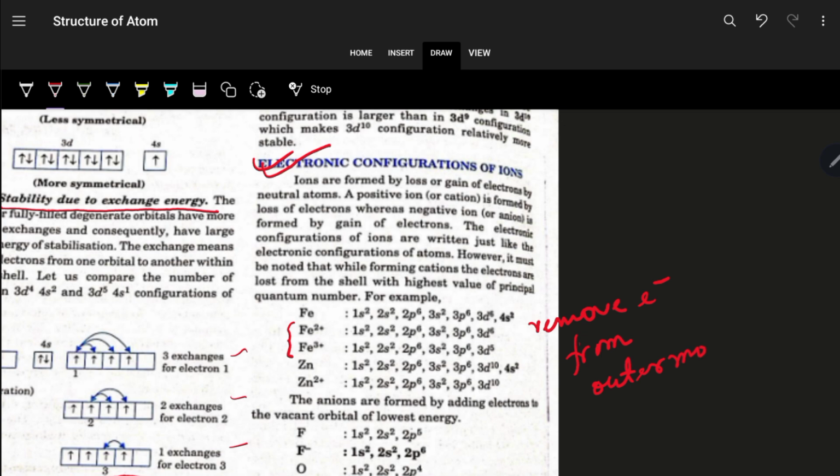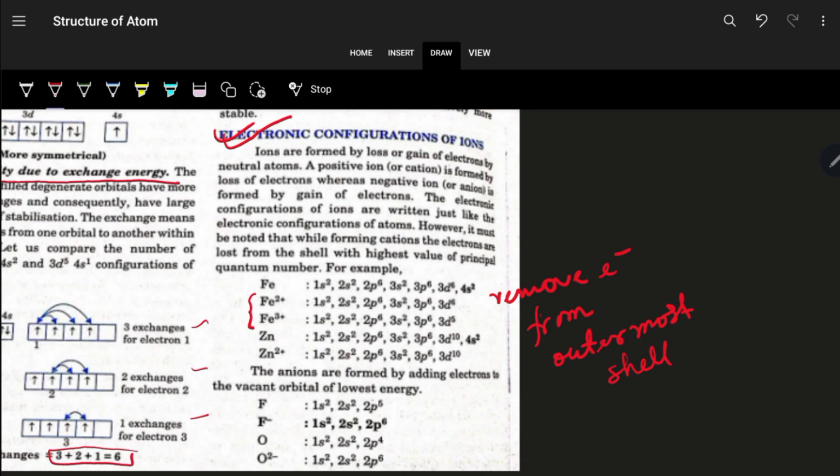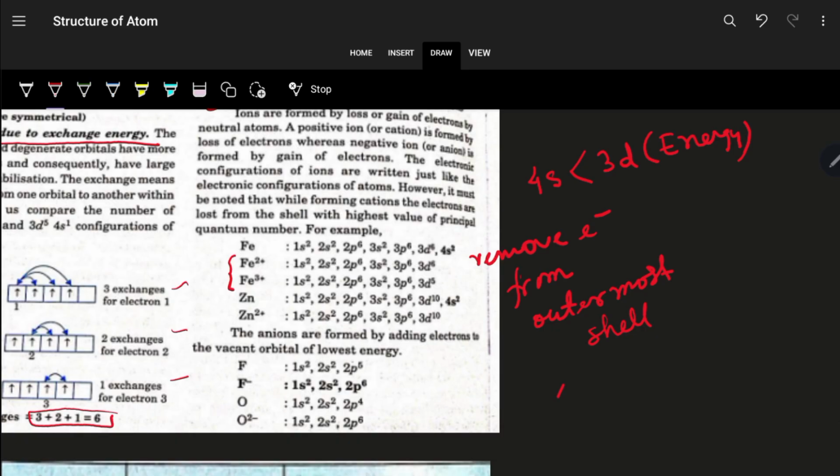Now here, though 4s is occupied first, then 3d in case of energy factors, but when you remove electrons, 4s is the outermost. So outermost in comparison to 3d, if I'm talking about iron. So there you see, this is iron.